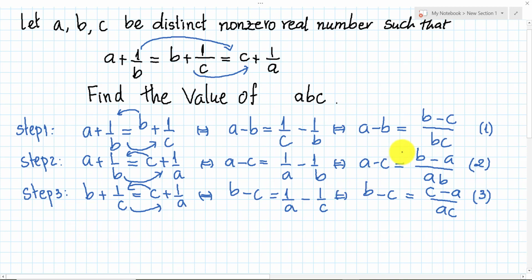And then we multiply both sides of the first, second and third equations. We multiply the first equation with the second equation with the third equation.